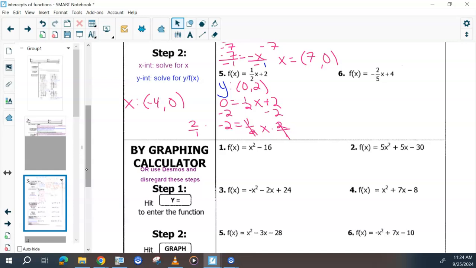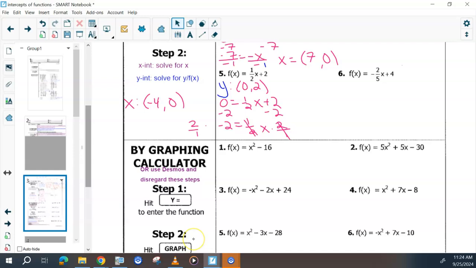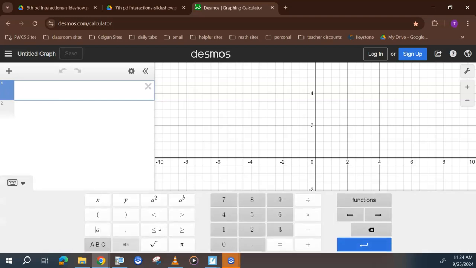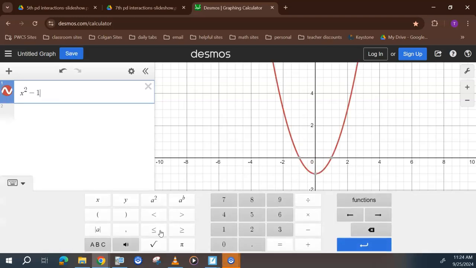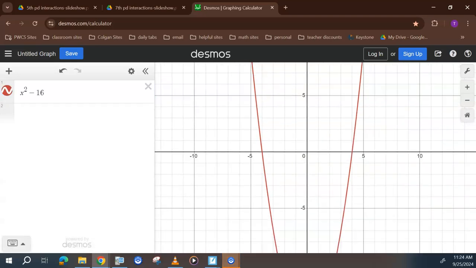We're only dealing with linear functions, lines, so you won't see things that I'm about to graph, but just to show you what that looks like. If I were to type in x squared minus 16, I would get some U shape.